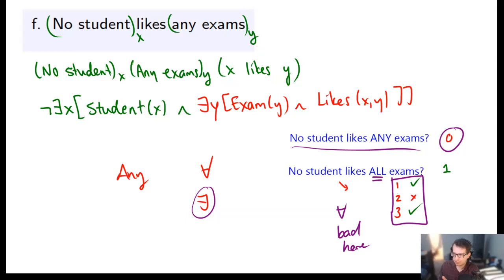And there's some exam, Y, and X likes Y. So in other words, there's no student X and some exam Y where that student likes Y. So this is really what we want. There's no student out there where there's some exam and that student likes the exam, which is what we want.